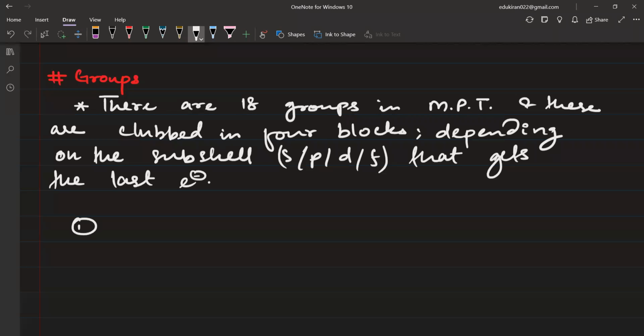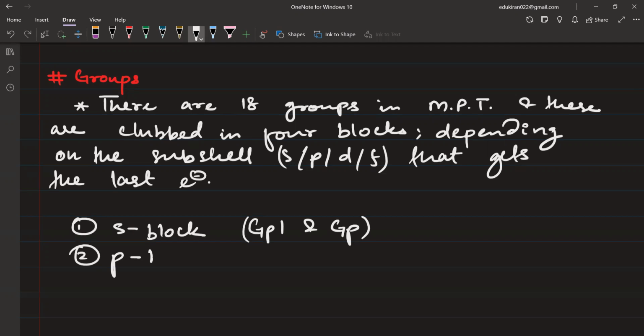First of all, we have the S block. These S block elements are group 1 and group 2. So if you club the group 1 and group 2 elements, you will get the S block. Second, the P block. The P block elements are from group 13 to group 18.